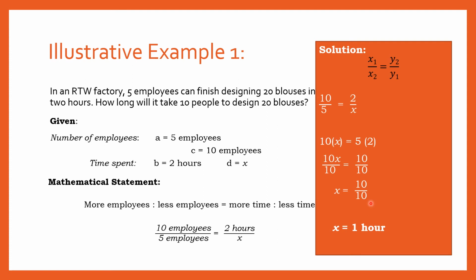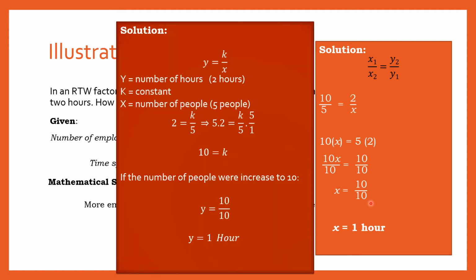Another way of solving this is by using this formula: y is equal to k over x. Let y be the number of hours, which is 2 hours, and k is the constant, which is the thing that we are going to find first. And then x is the number of people, that is 5 people. Now we are going to substitute. Our y is equal to 2, the k is the unknown, over 5, our x.